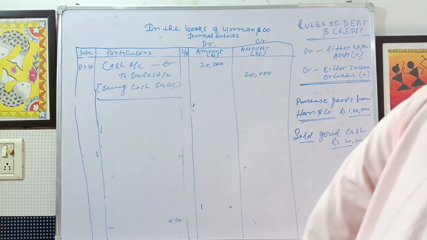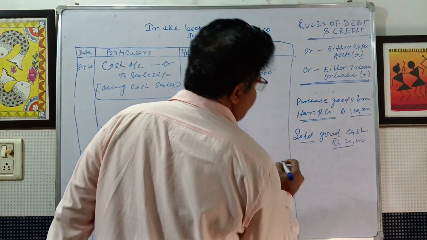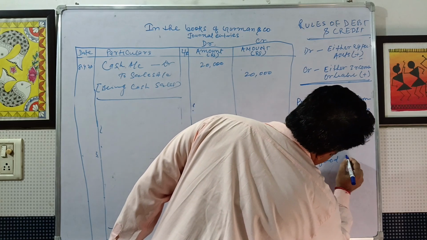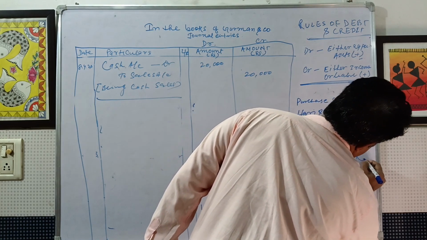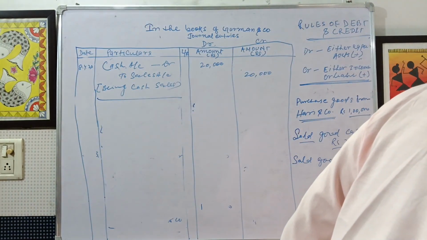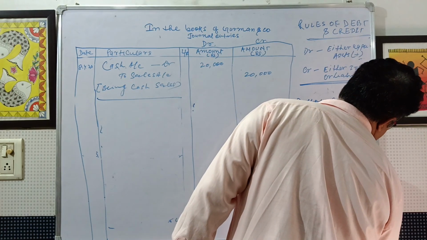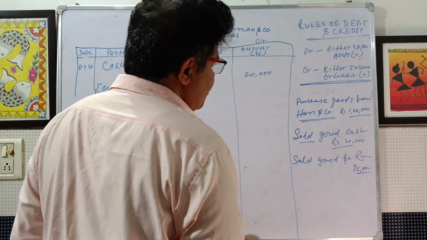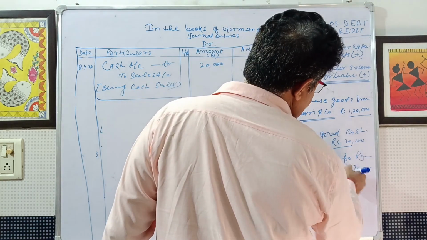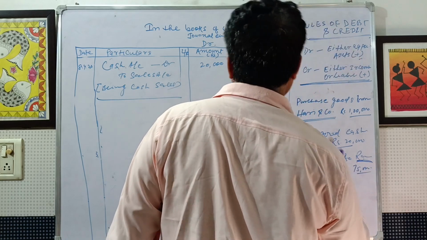Next one is sold goods to Ramesh and Company, 75,000. So two aspects. The name is here, so it means sold goods to Ramesh and Company on credit.